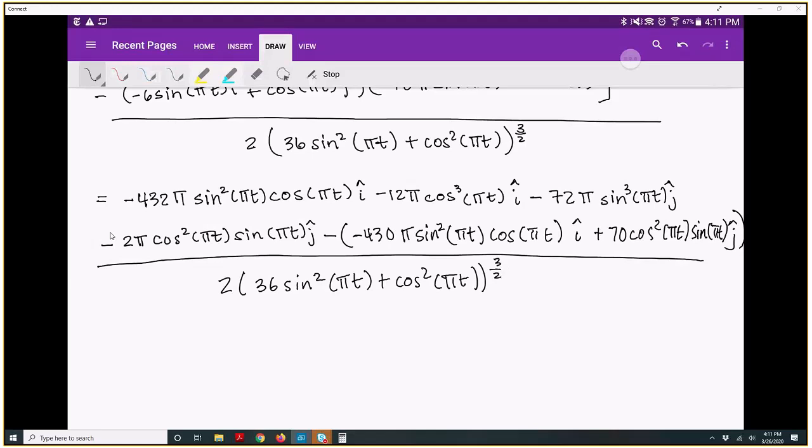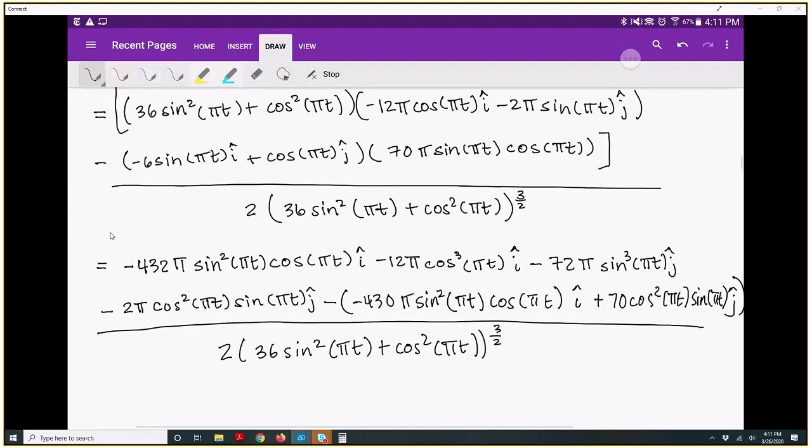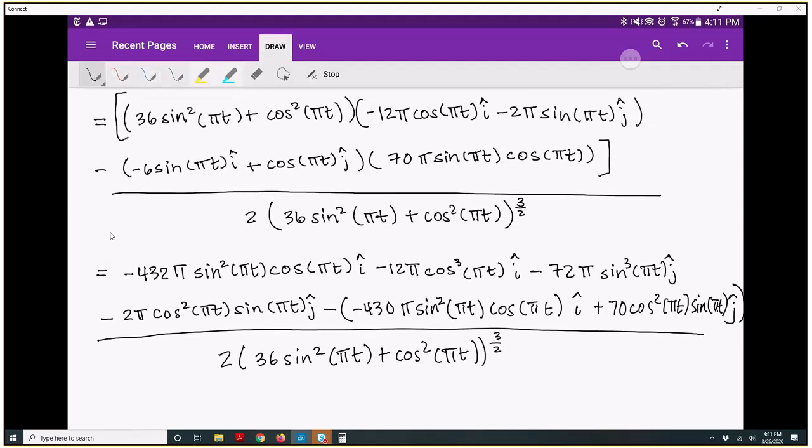So let me just take a look here and make sure before we move on that that looks correct. So minus 432, minus 12, minus 72, minus 2 pi, let's see, 70 times 6, I think that should give me 420.